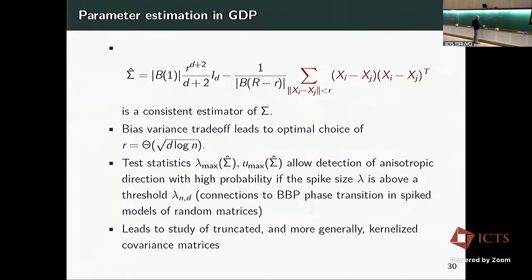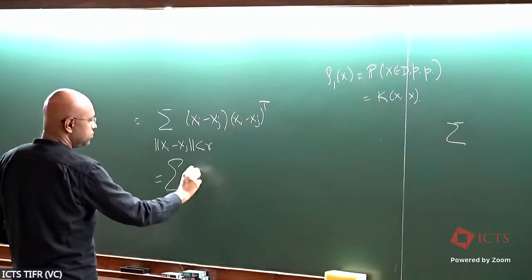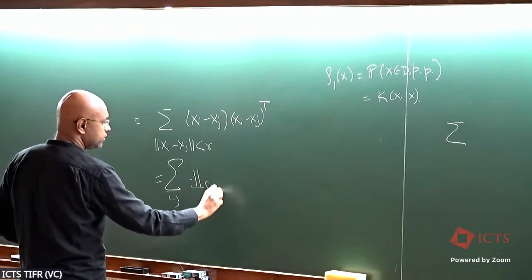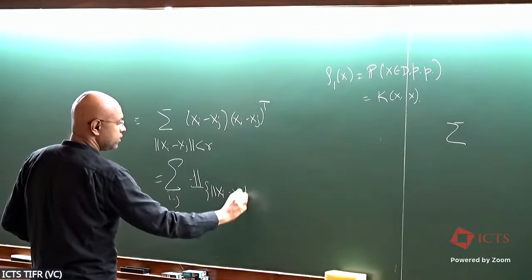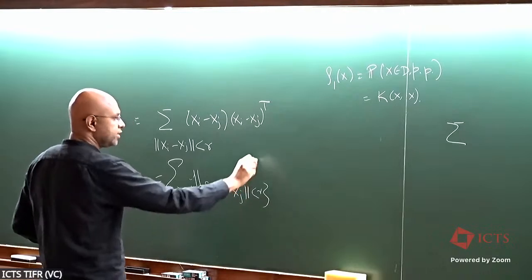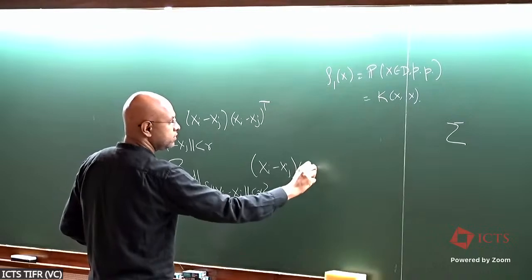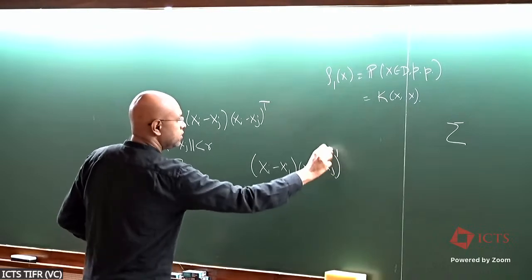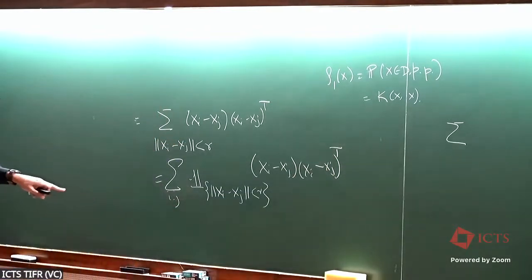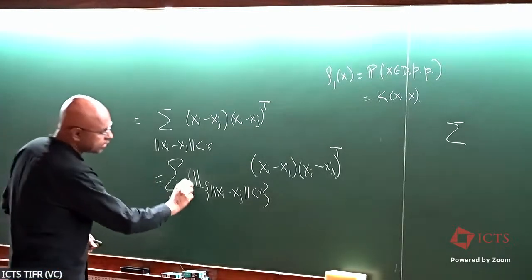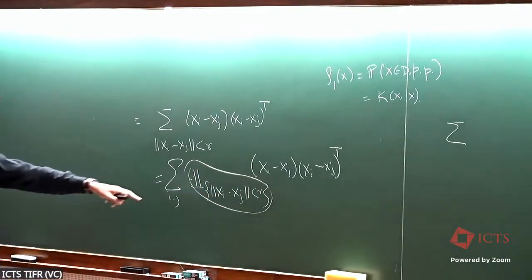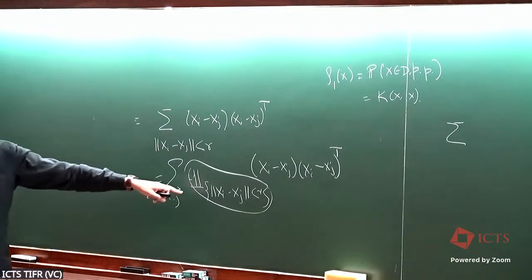You can write this as a sum over all pairs, but then you introduce an indicator, a cutoff. This is the truncating indicator cutoff function, and you can easily see from here how this will generalize.